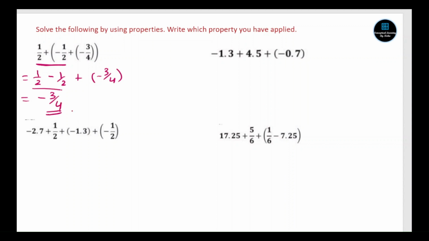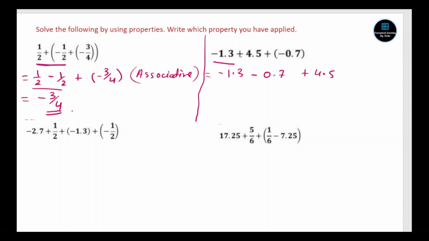Correct? So we solved this first. We applied the associative property. You have to write that. Associative property we applied. Alright. Now let's solve the second one here. Now see, negative 1.3 and negative 0.7, and then I'll add 4.5.